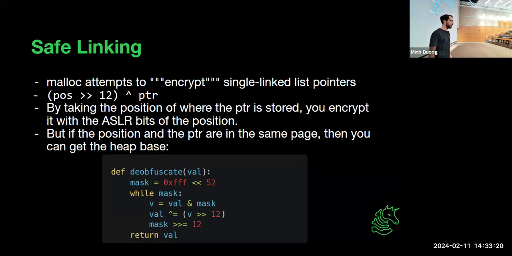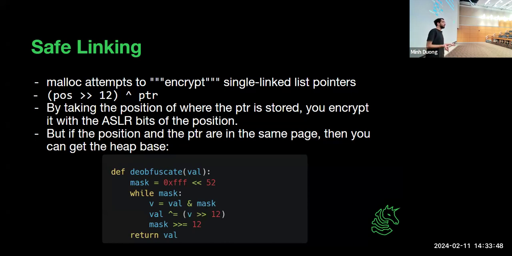But what happens is the pointer that is stored in that chunk, that itself is an address, right? We're storing a pointer in an address. What safe linking does is it will mangle that pointer with the position that it's stored in. All right. And so you kind of encrypt it with the address-based randomization of the position.